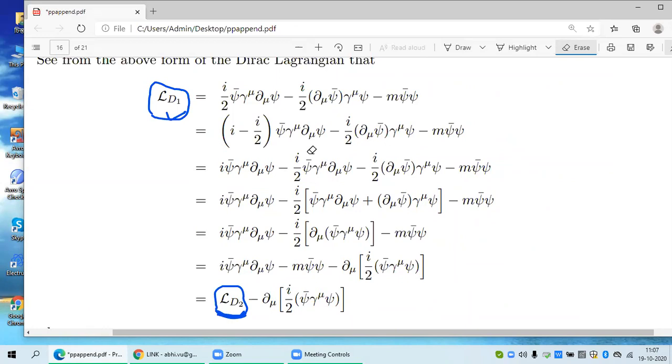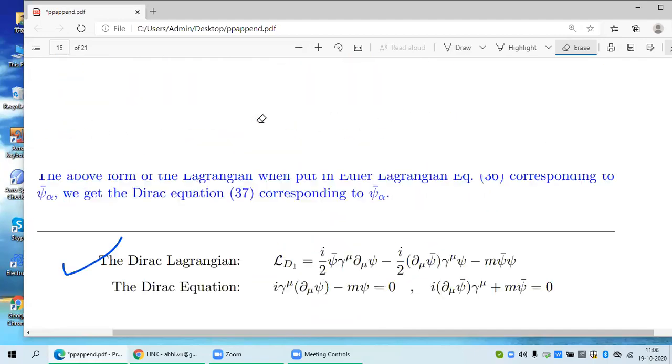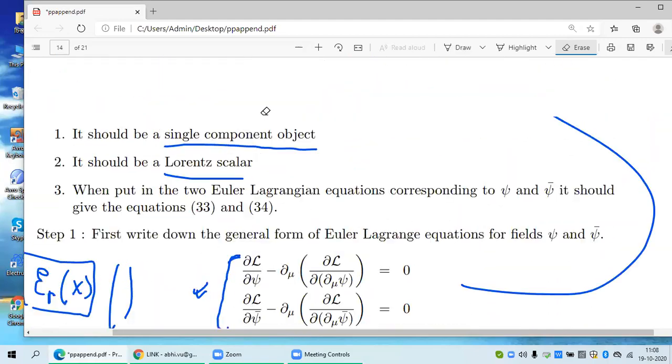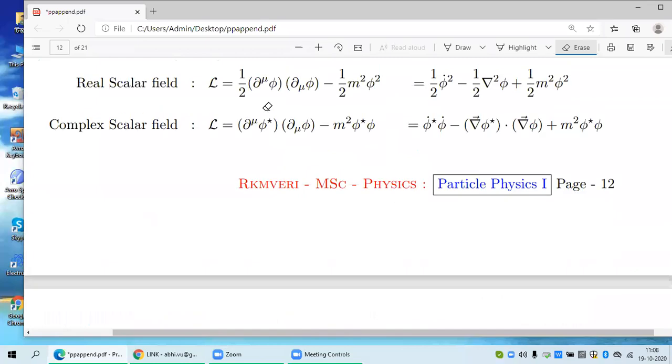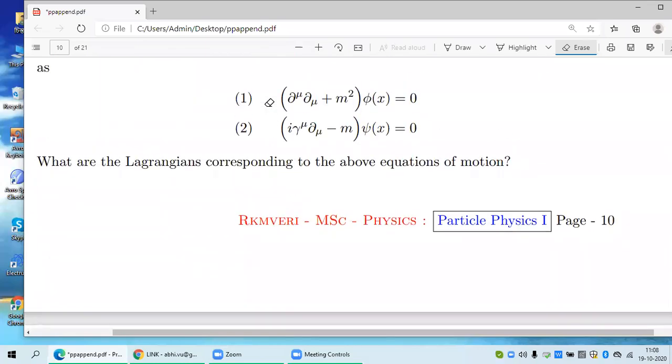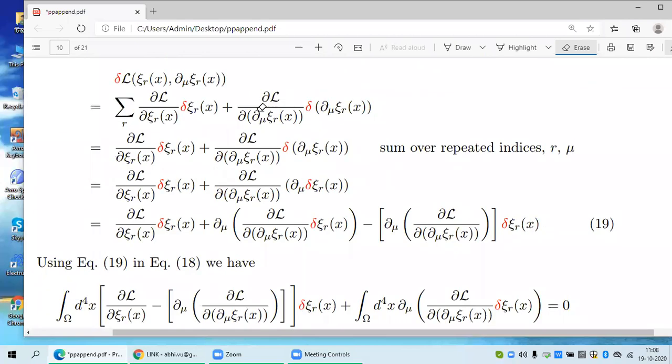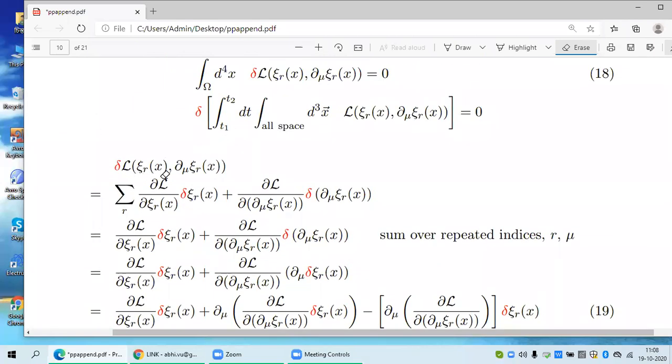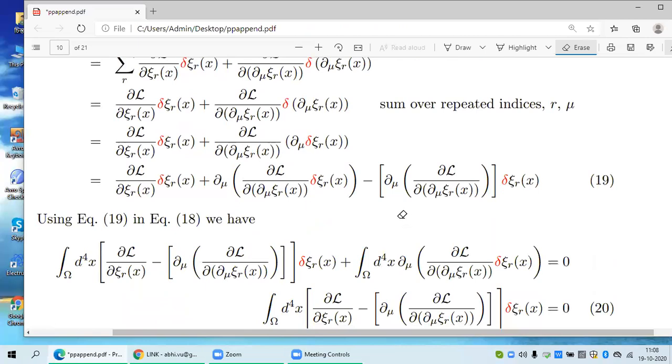When you apply the variational principle, the action minimum principle, and take the variation, look at the derivation of the Euler-Lagrange equation in which you are pointing. Let's go back to it. When you take this derivative, you see a term like this came.